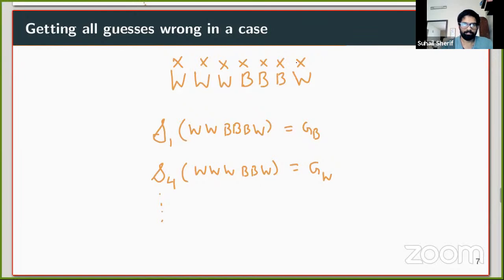So can somebody tell me what is a correct guess that would happen because of this strategy? So let's say in which case does player 1 guess correctly? There is one case in which player 1 has to guess correctly because he's guessed wrong over here.